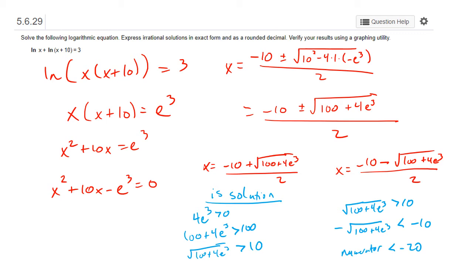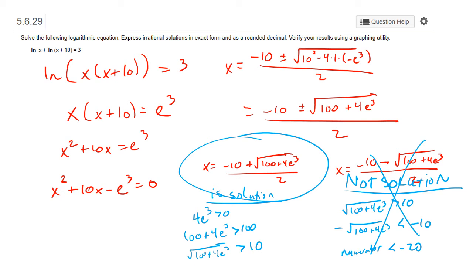Negative 20 over 2, that is definitely negative. This value of x, even without a calculator, I can tell this is negative. And if x is negative, it is not a solution of the original expression. So even without using a calculator, I know this won't be a solution, but this will.